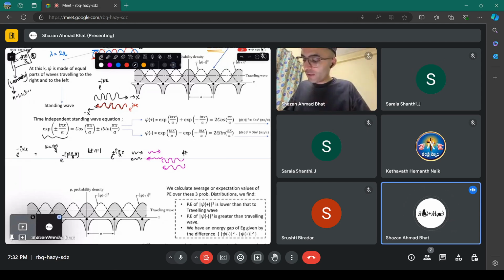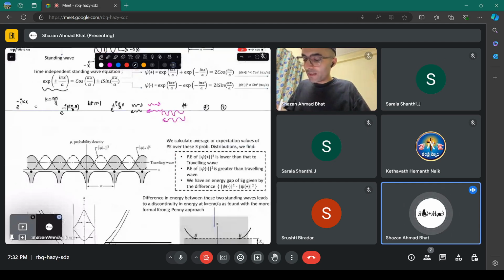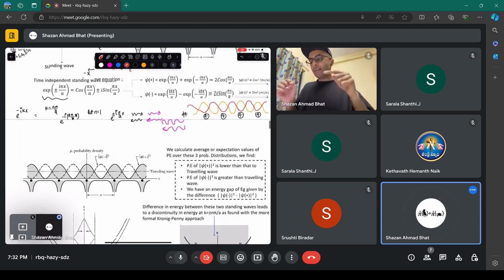That means if you have nuclei of atoms like this, you may get regions where the electron concentration is maximum around the nucleus, and also regions where it is maximum between the nuclei.